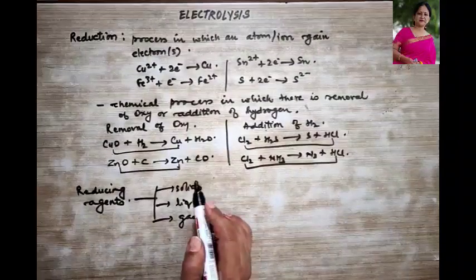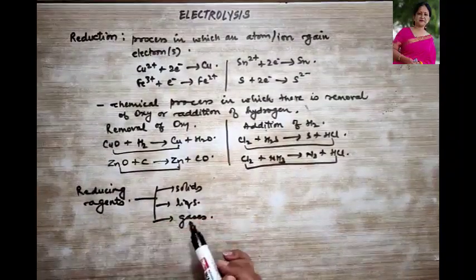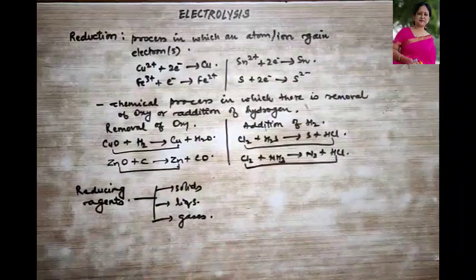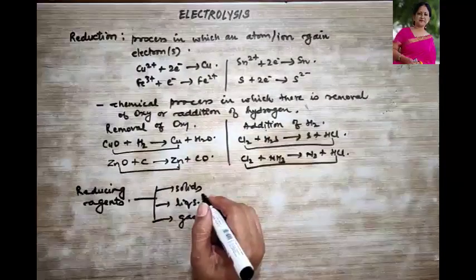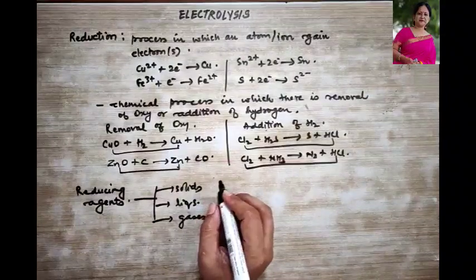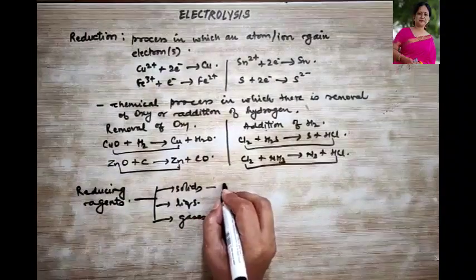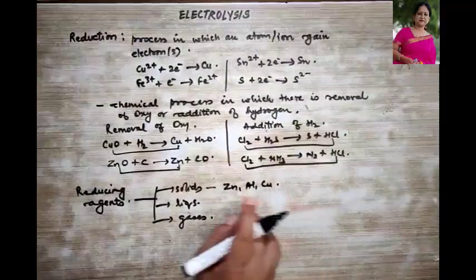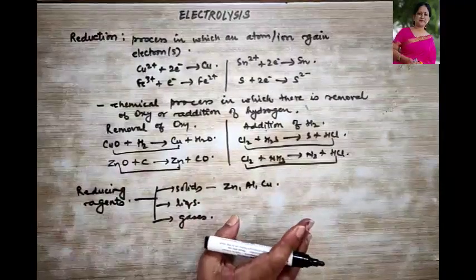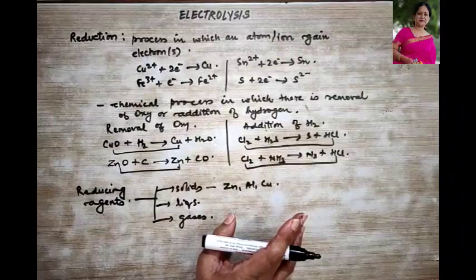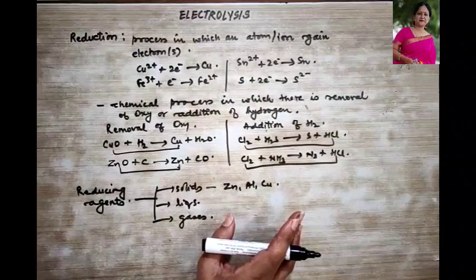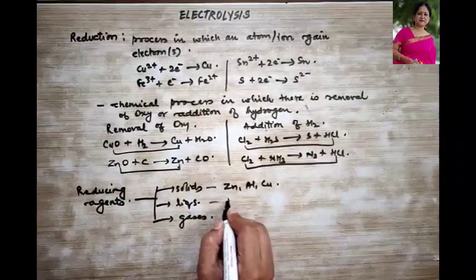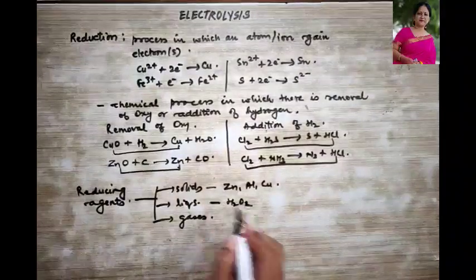Let's take some examples of solid, liquid and gaseous reducing agents. Once again, as I said, learn a handful of examples over here. Metals like zinc, aluminium or copper are good reducing agents. For liquids, it could be H2O2, hydrogen peroxide.